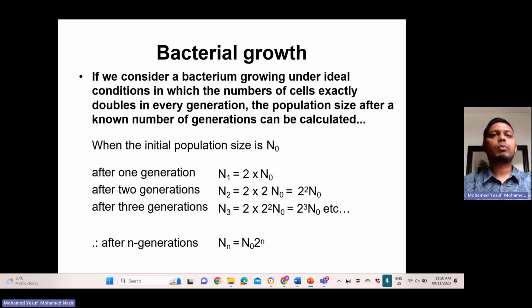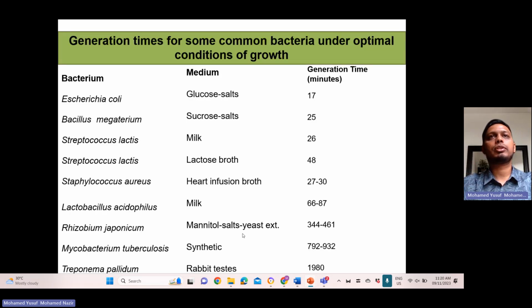So after one generation, n1 can be calculated by 2 multiplied by n naught. For example, if n naught is 10, then 2 multiplied by 10 would be 20. The same applies to the rest. So this is after n generations. You can also calculate it after, let's say, the 30th generation, using this formula. So there's a formula to use that.